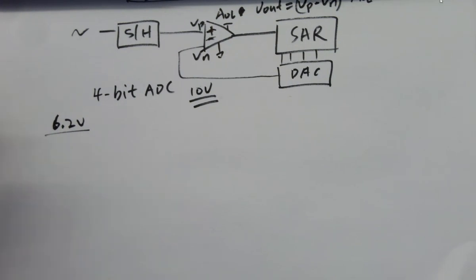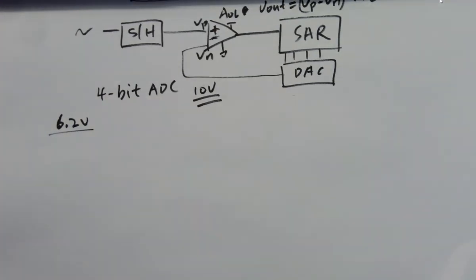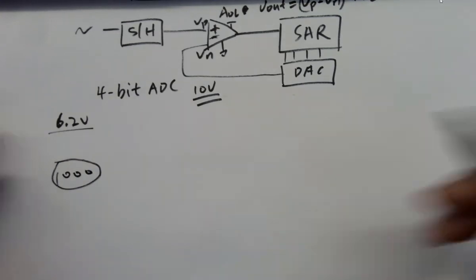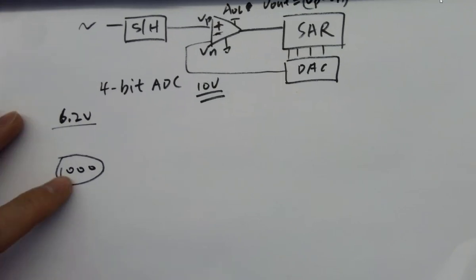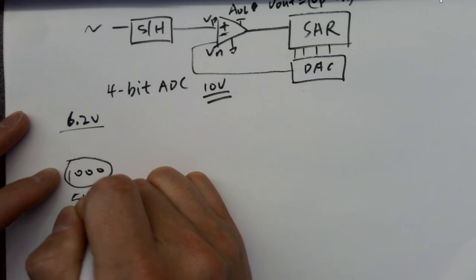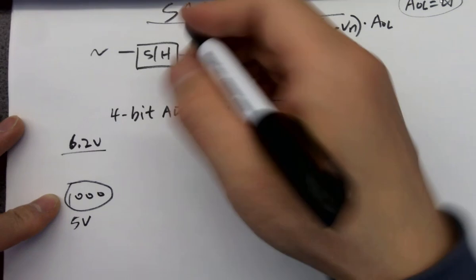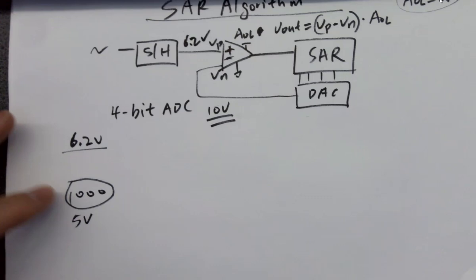What's the first step? We want to design the circuit which is able to give you an initial value. It just resets everything to give you a 1 and zeros, right? So that's the first state, which is 5 volts, 50% of the range. Remember, the sample and hold is going to hold the voltage at 6.2 volts because that's the signal.